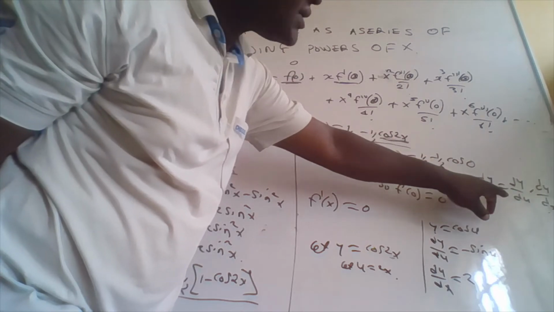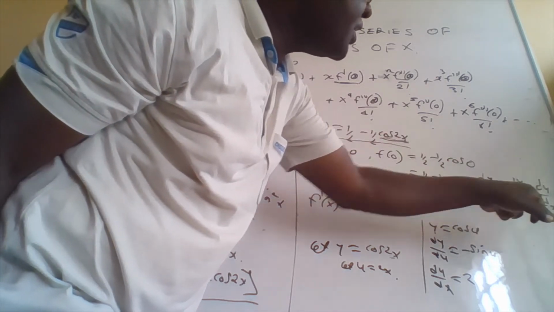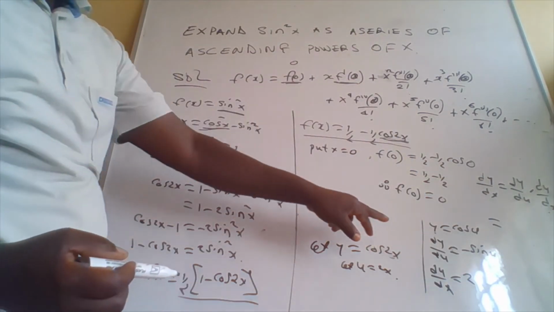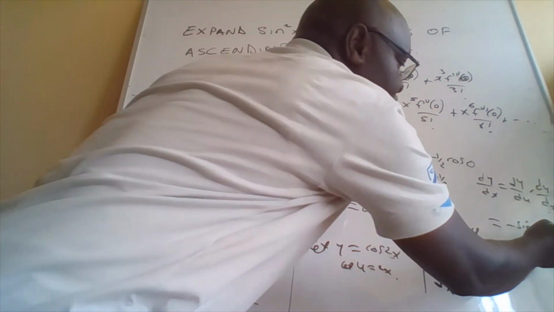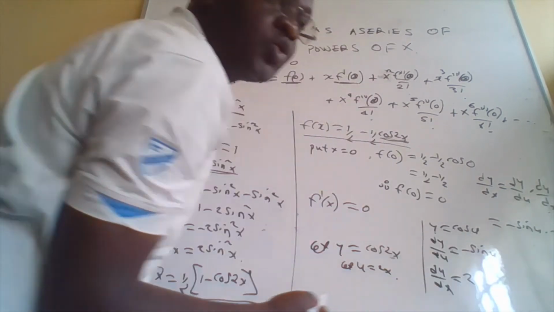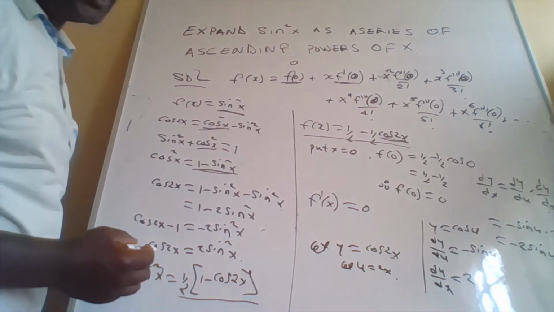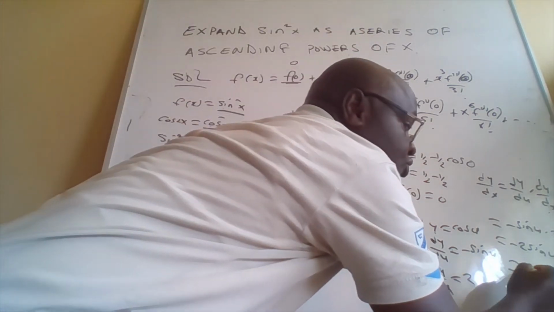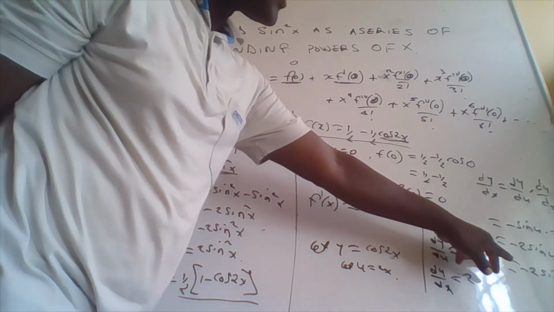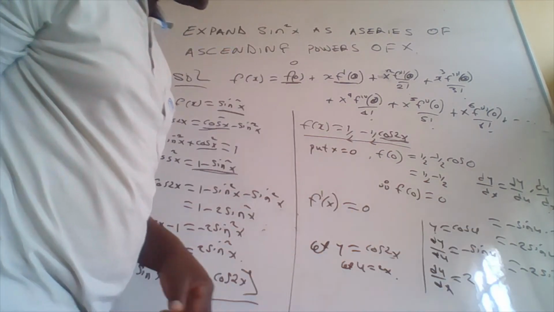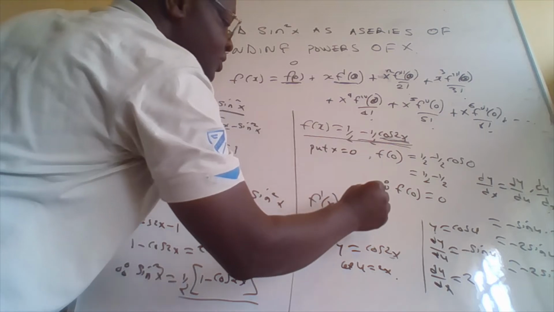Chain rule is given by this: dy/dx is given by dy/du times du/dx, which equals negative sine u times 2. Therefore, this equals minus 2 sine u. But what is u? u is 2x. So this equals negative 2 sine 2x.